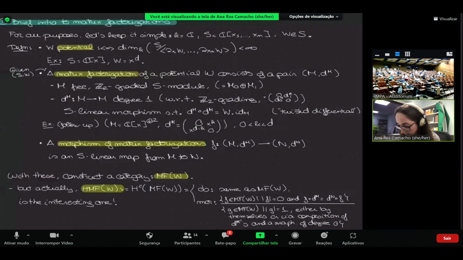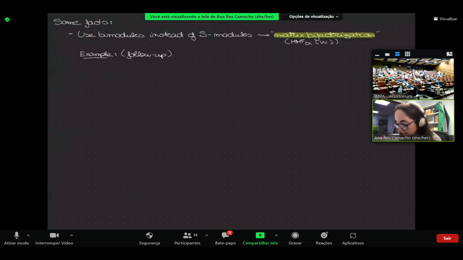I would like to mention a couple of facts. If I use bimodules instead of S-modules, because I've used left modules in the previous definition for the sake of clarity, this has also been studied. Usually matrix factorizations, whenever you use bimodules, are called matrix bifactorizations, and the corresponding category is usually denoted HMF bi.